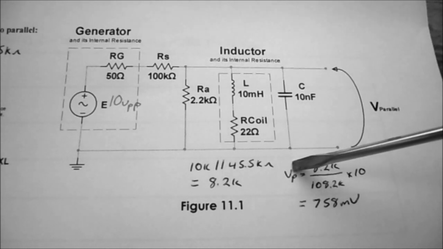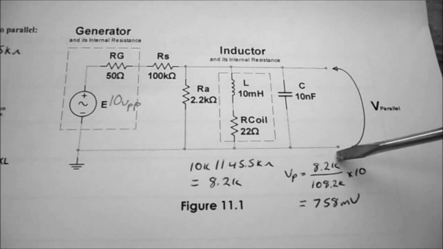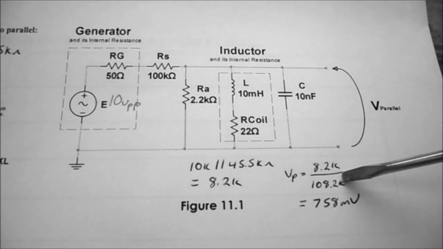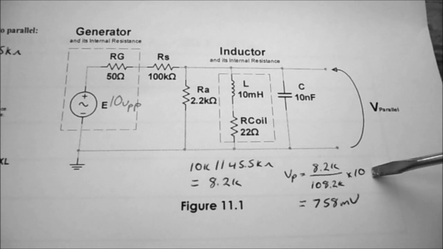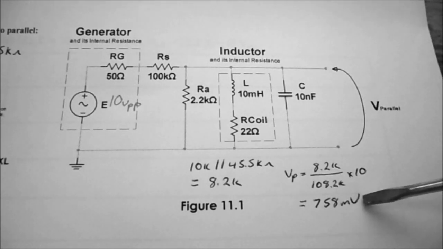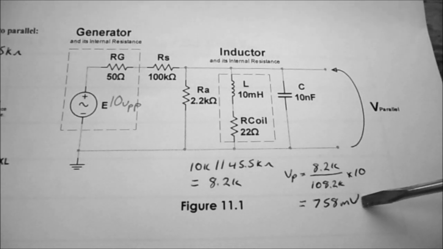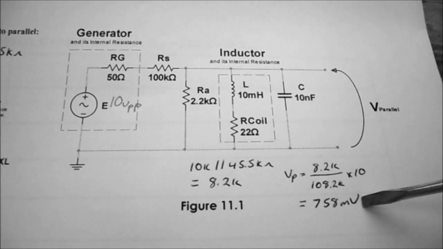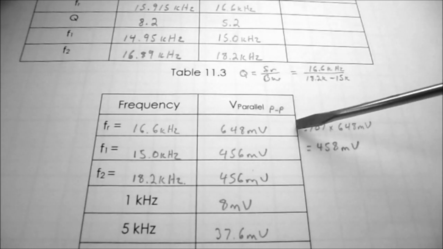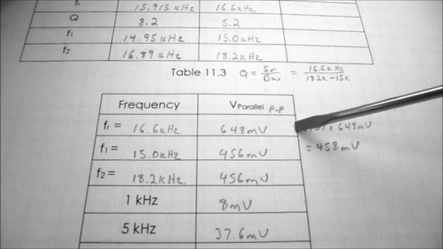So V parallel is equal to 8.2k over 108.2k times the 10 volts. And that works out to 758 millivolts, which is a lot closer to our actual reading of 648 millivolts.